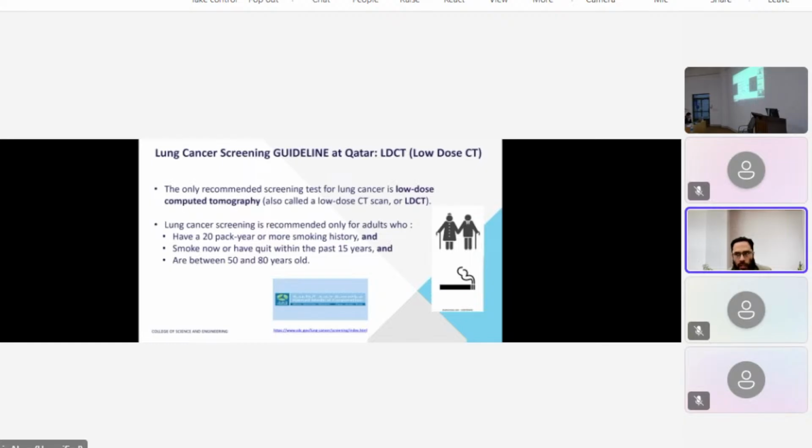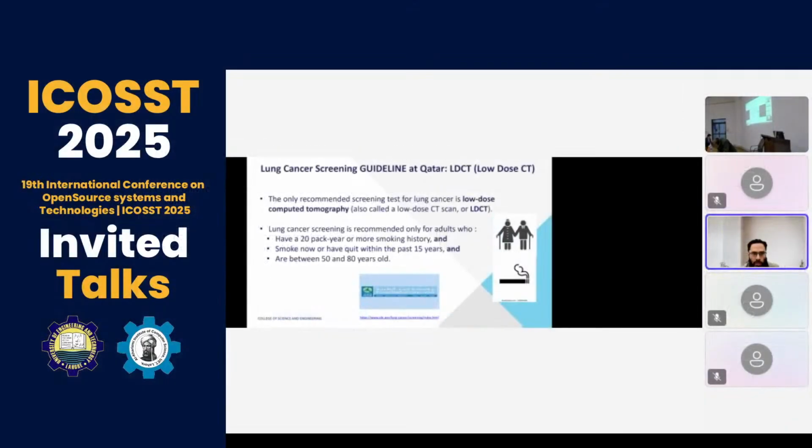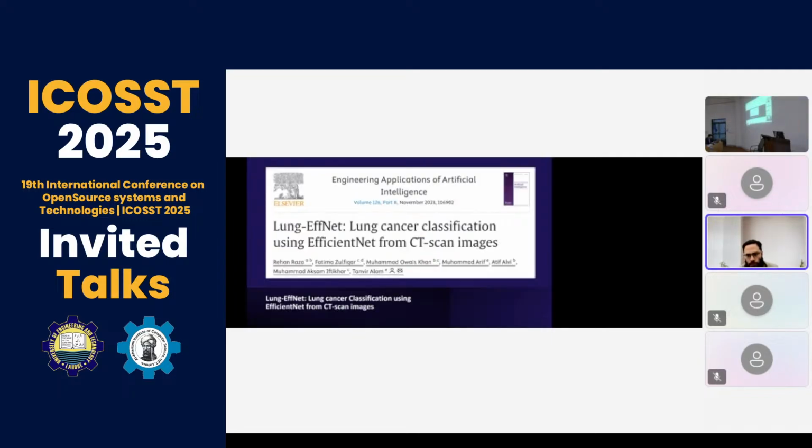Currently, the early screening protocol is low dose CT scans. People having a history of smoking, or who have quit smoking in the previous 5 to 10 years, go through the PHCC at the primary center. And based on that screening, they refer the patients for further screening.